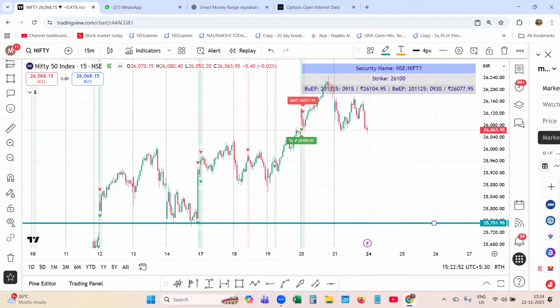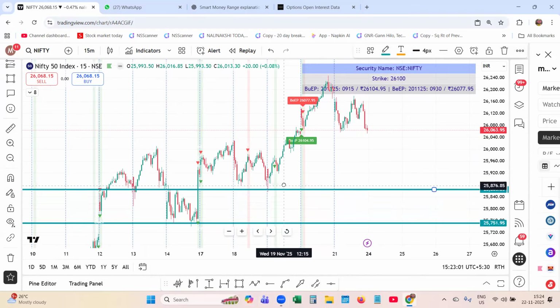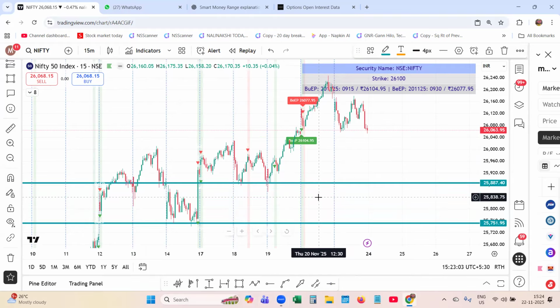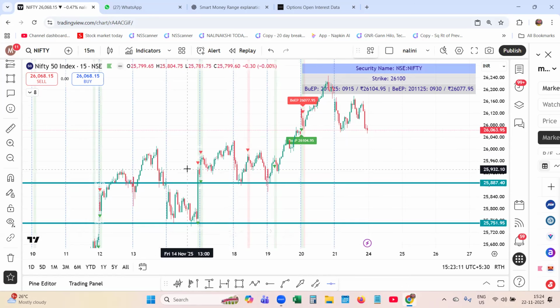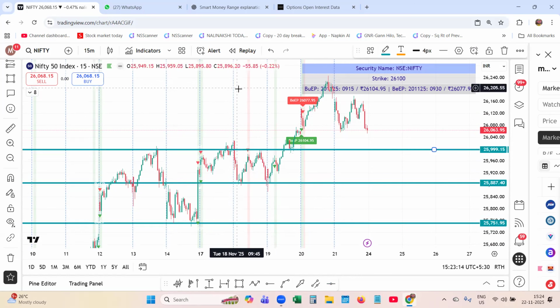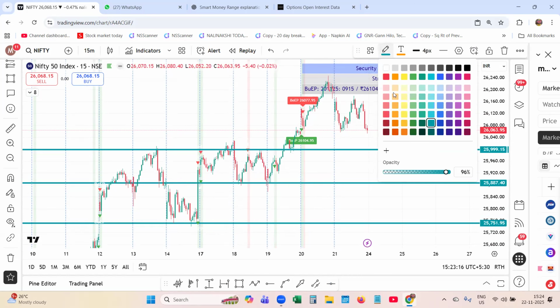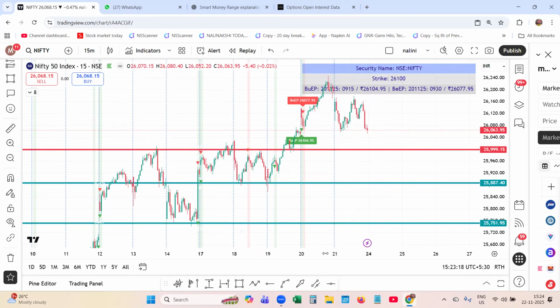Support 25,751. Next support, let me go on putting the supports just by seeing the triangle marks. And then this is red color. Let me put one red here. This is the boundary. Let me change it to red color.